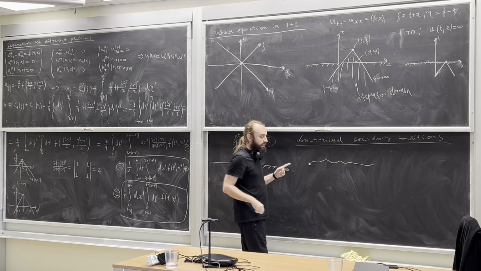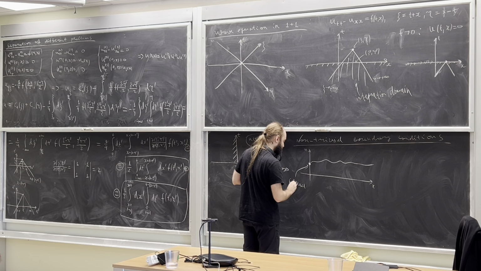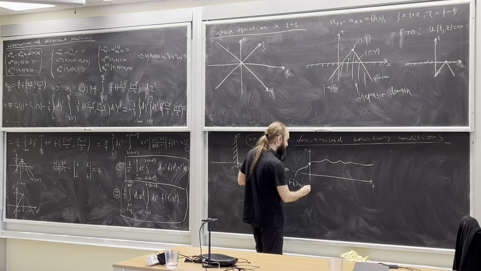So this is u, this is x. It means that u of t and 0 equals 0. So it's called a Dirichlet boundary condition.